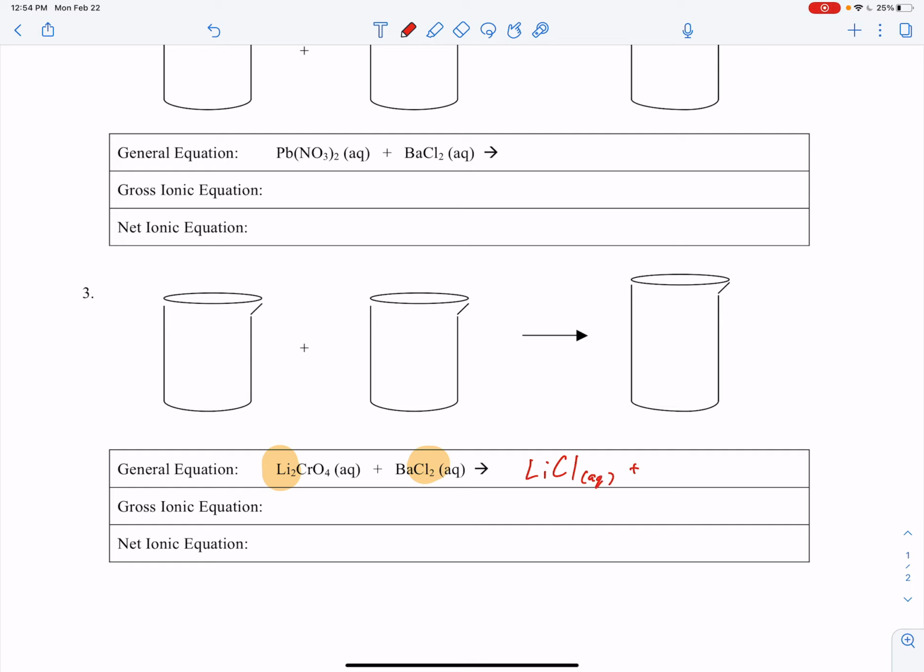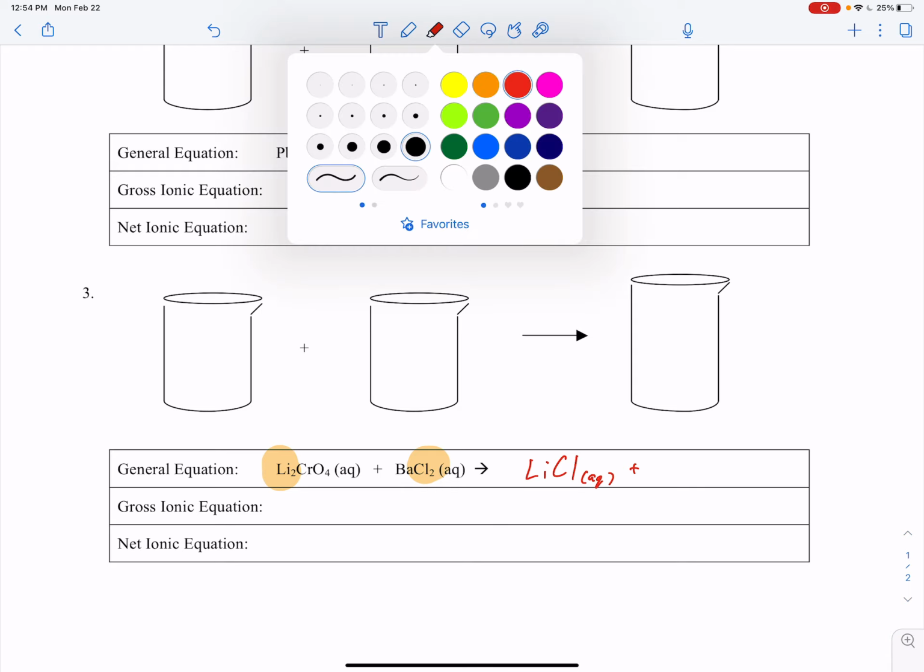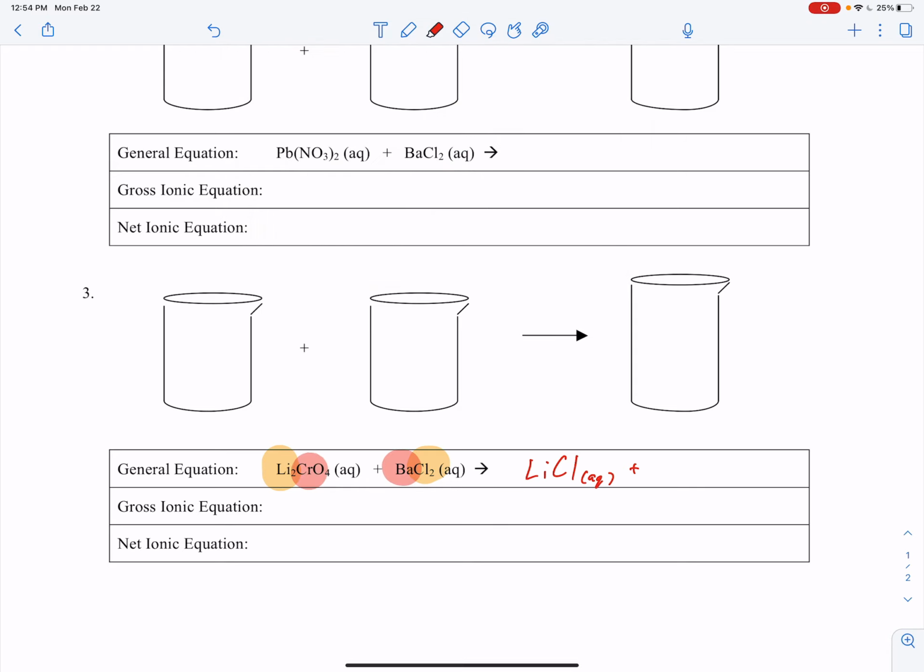Okay. Now, the second pairing is going to be barium with the chromate ion, right? So you get barium chromate. Surprise, surprise. And barium has a +2 charge, and chromate has a -2 charge, so I know it's just BaCrO4. No other subscripts need to be added.